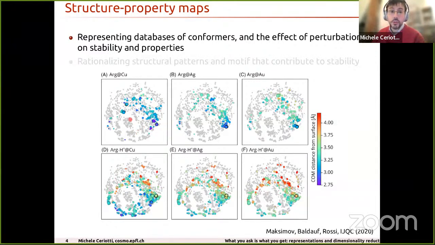And so by looking at the relative configuration of the points, you can understand in which way the interaction with the metallic surface affects the stability of different conformers in a way that is much more intuitive than if you have to go through hundreds or thousands of different conformers to try and figure out what are the typical motifs.